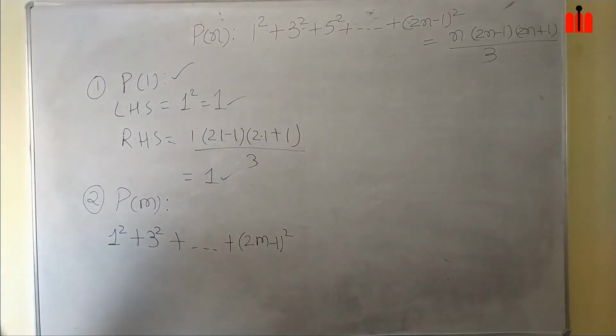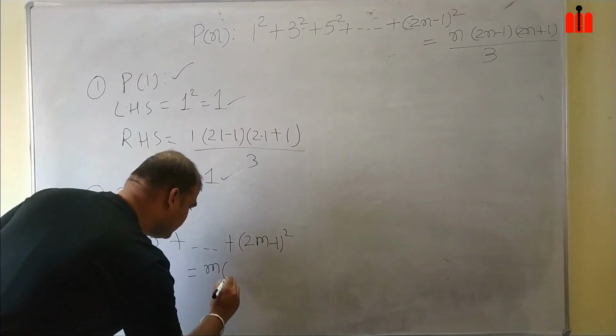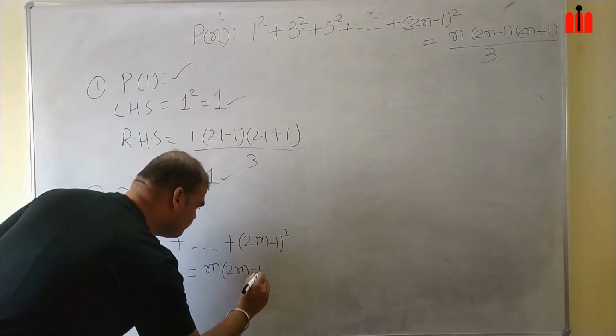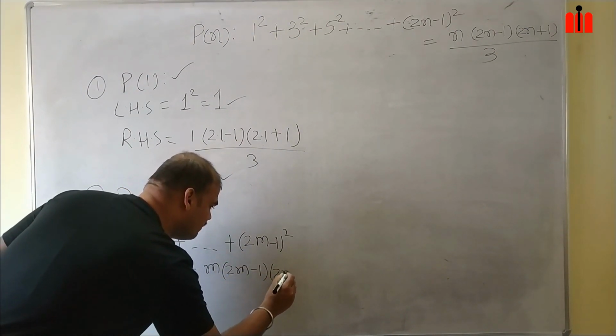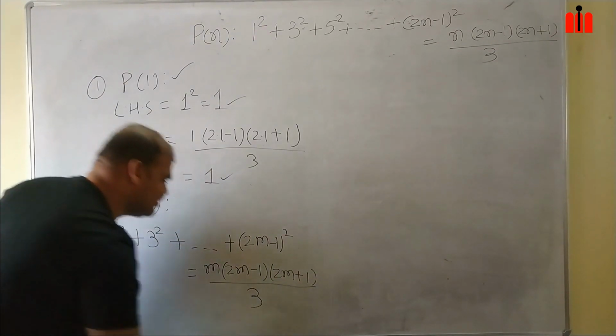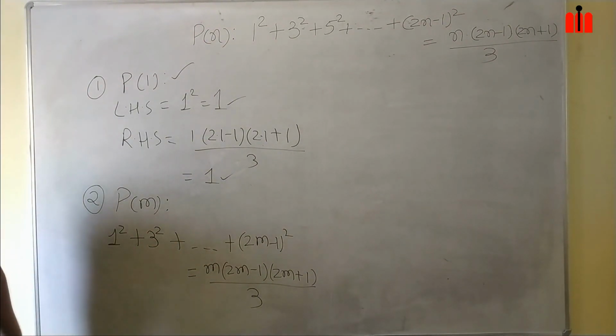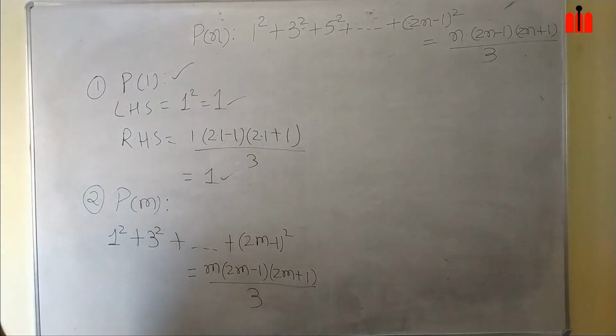This is the LHS of my concrete statement. This is equal to m(2m minus 1)(2m plus 1) by 3. So this is my concrete statement which I got by my assumption.